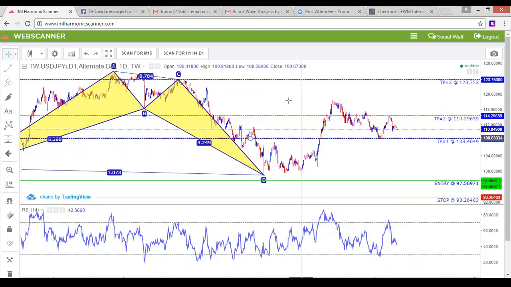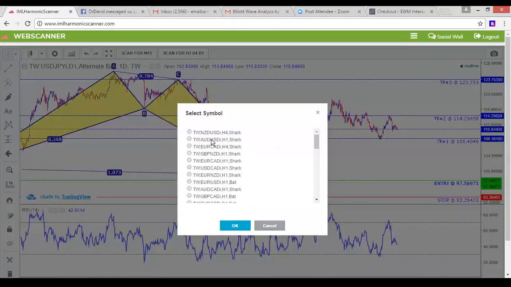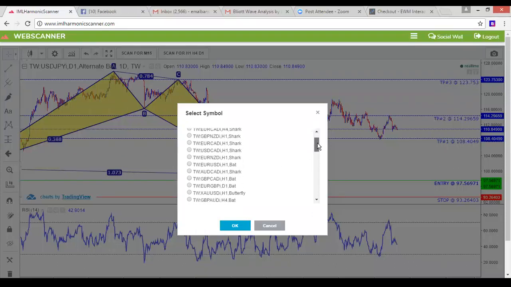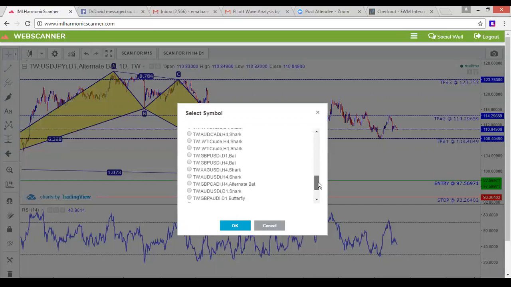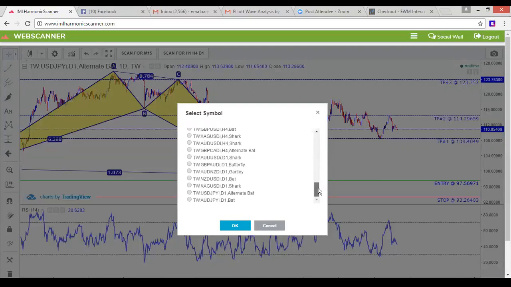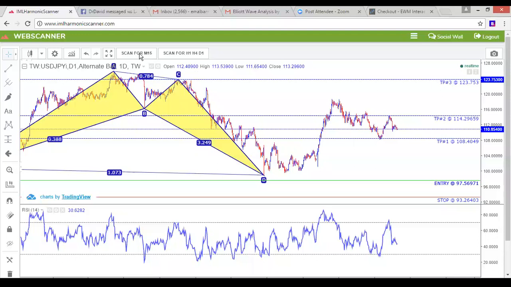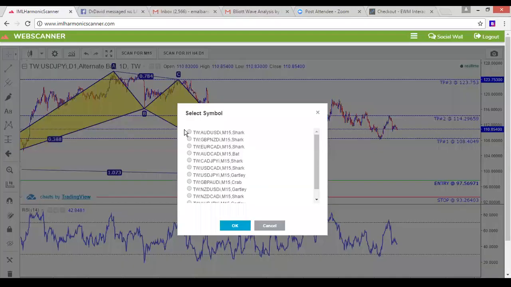So let's look. Would there be no smaller time frame setup on USD JPY, CHF, gold, crude oil? It's not there. Let me check at 15 minutes if there was any setup on USD JPY 15-minute time frame.